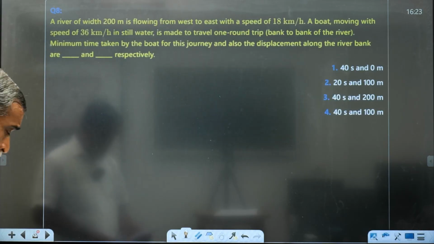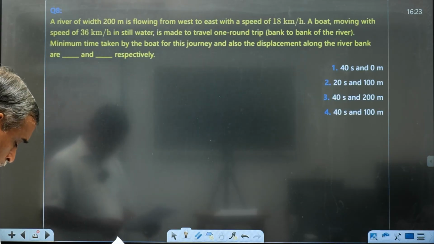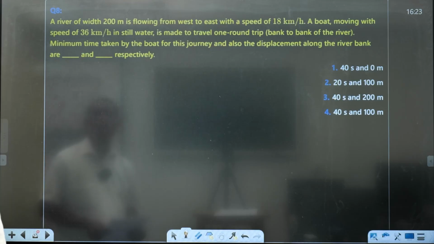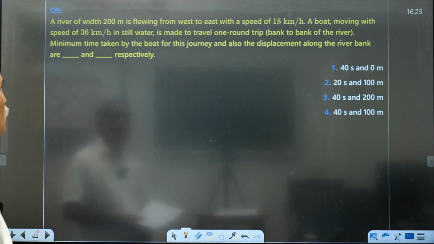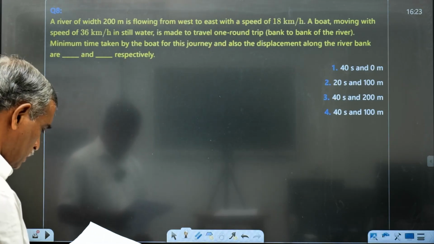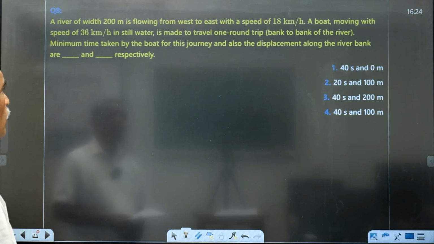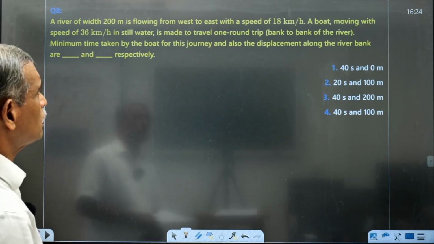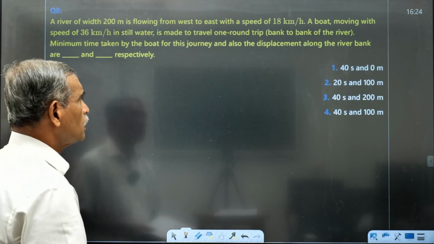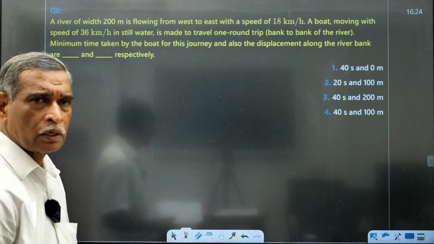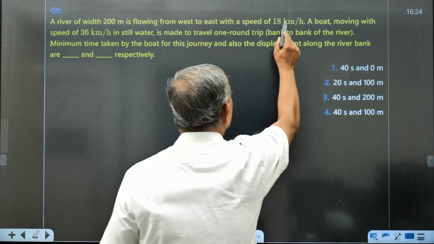A river about 200 meters wide is flowing from west to east with the speed 18 kilometers per hour. Kilometer per hour divided by 3.6 means 5 meters per second.